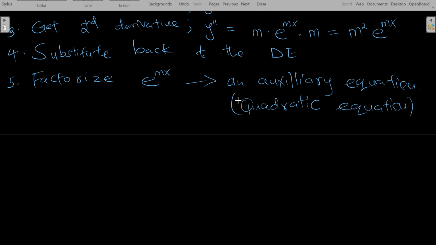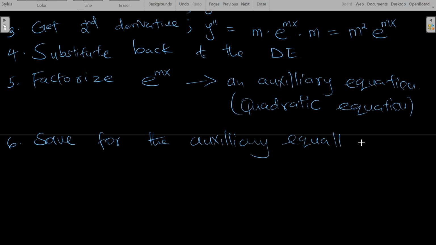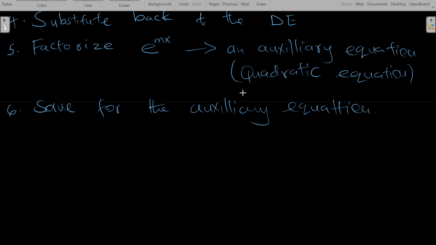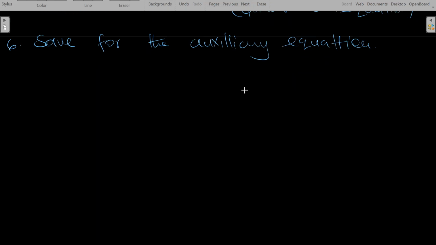Once you have solved for that, the sixth step is to solve the auxiliary equation. I'll give examples in my series of videos, so don't worry much, just follow the steps. You can just memorize the steps.